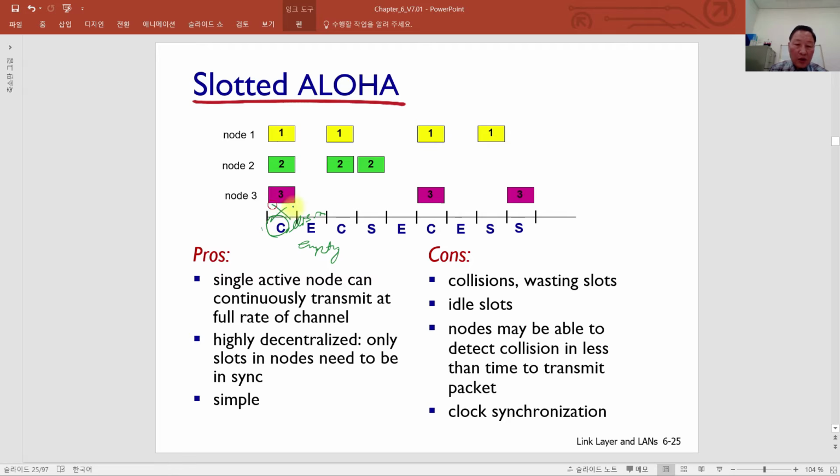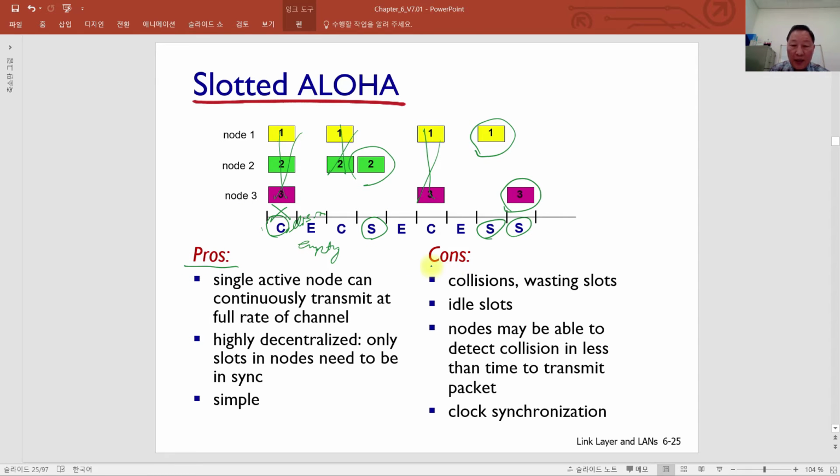Thus this is wrong, and they are corrupted, not successful. This one is successful. This one, they are collided, thus wrong. They should be retransmitted. This one is successful because only a single node sent. Also this one is successful. The others are in error, in collision state.